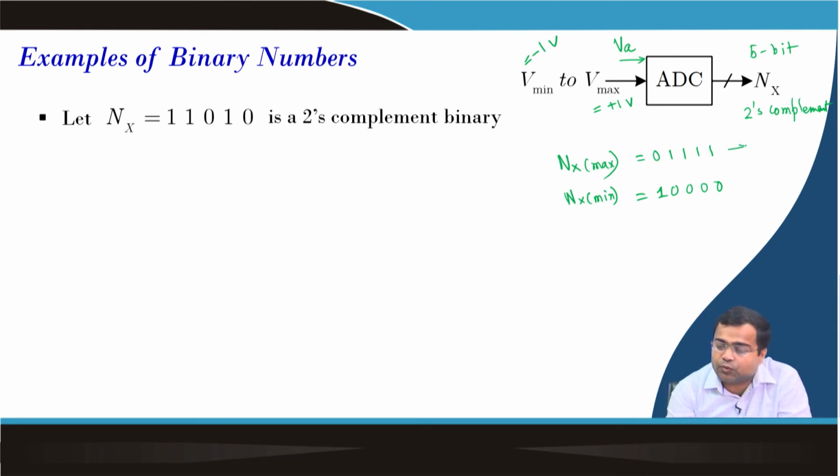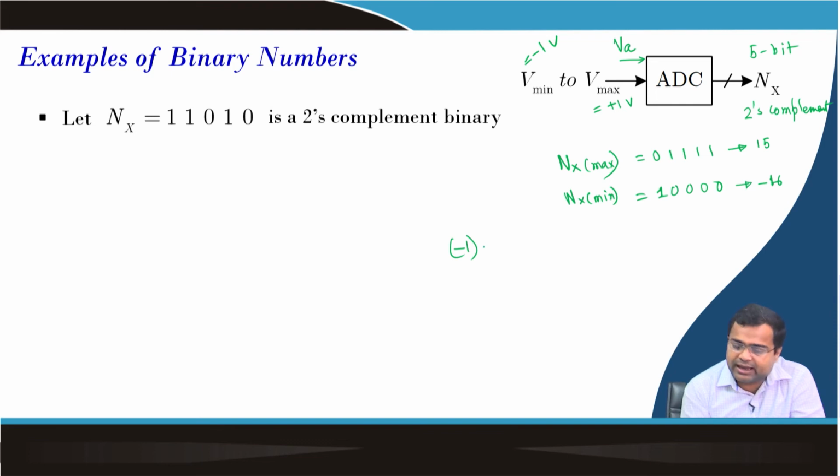What does this correspond to? This corresponds to 15. And what will this be in 2's complement? This corresponds to minus 16. Why? Because this position is B4, this position is B3, B2, B1, B0.